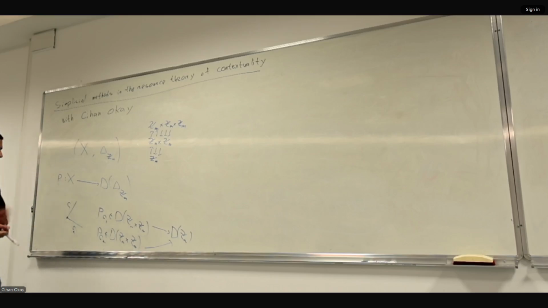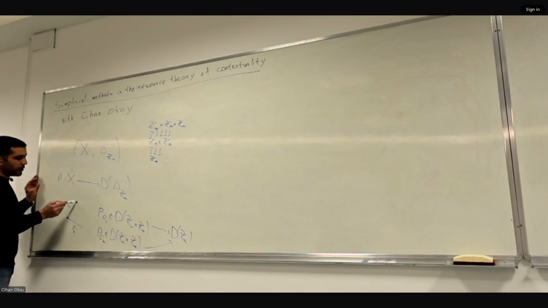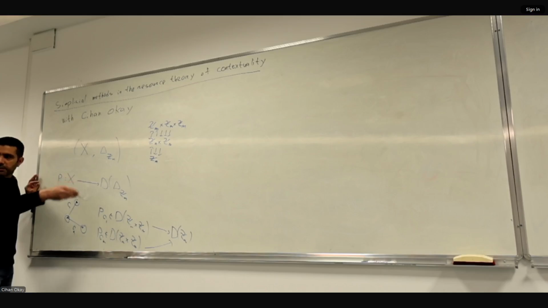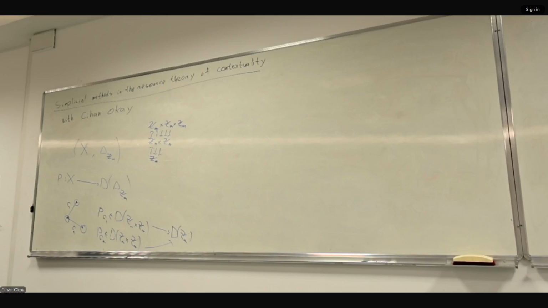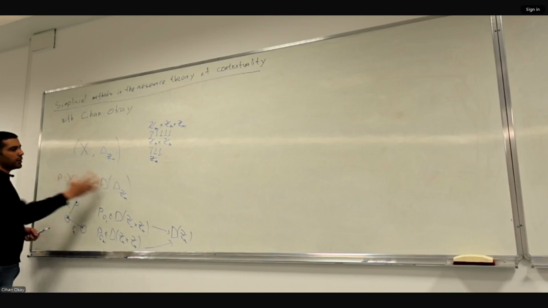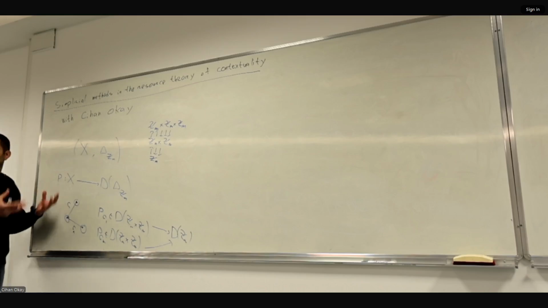We think of every one of these as a measurement, and this as a context where we can do two measurements together, and we have the distributions of the results. So the simplicial distribution is the distribution that we get.